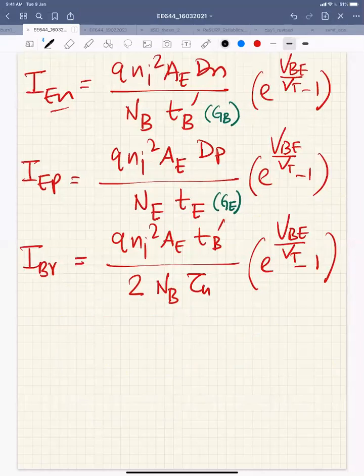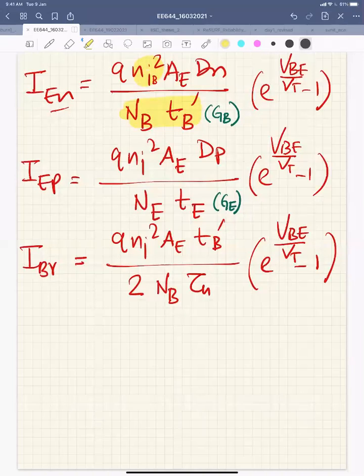When I'm talking about Ni square here, this Ni is nothing but Ni of the base, since we're talking about homojunction. So NIB square AE Dn, and we have NB TB dash, where TB dash is the width of the neutral base region.